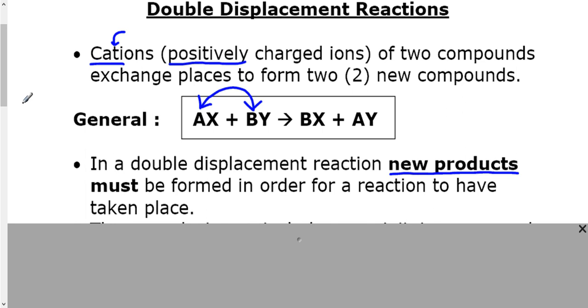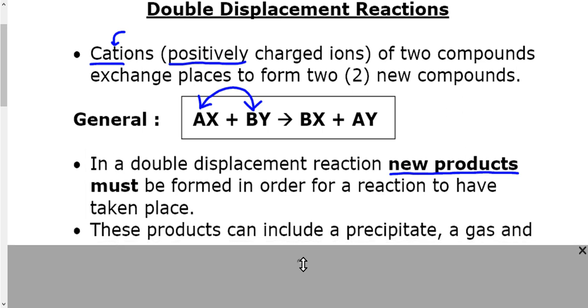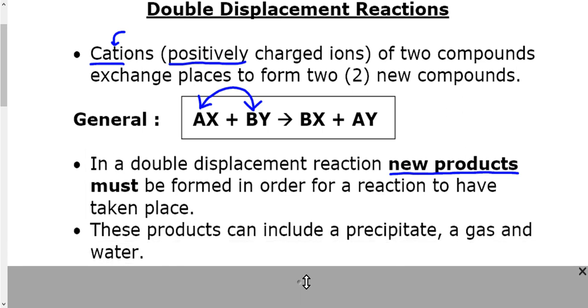What kind of things are new products? There are a couple of things we're going to look at. One is the formation of a precipitate. If you remember that word from grade 10, this means the formation of a solid. The second option: what if you make a new gas?